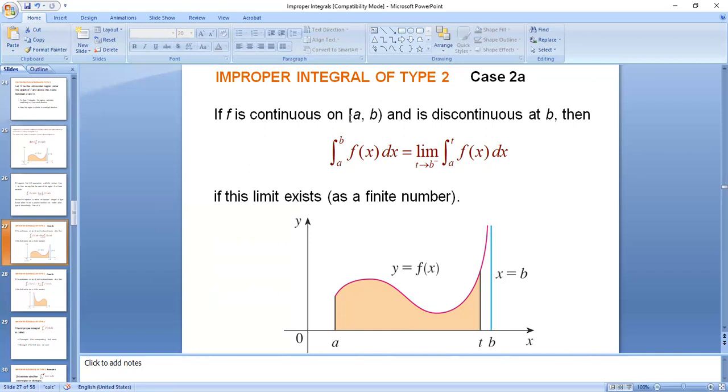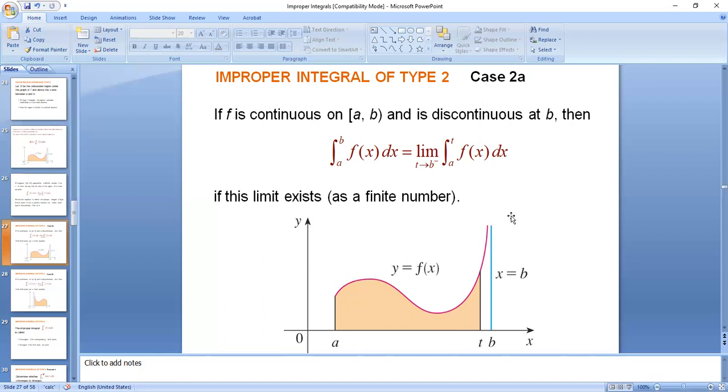So closed interval for a, open interval for b. Okay? So if f is continuous on the interval [a, b) and is discontinuous at b, then this is how it is to be evaluated. So that's the example that we started off with. If this limit exists as a finite number, this is how its curve is going to look.